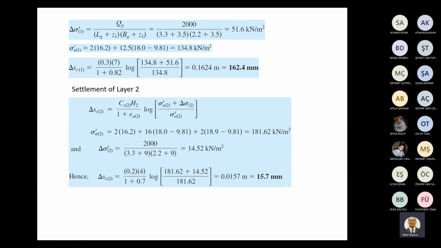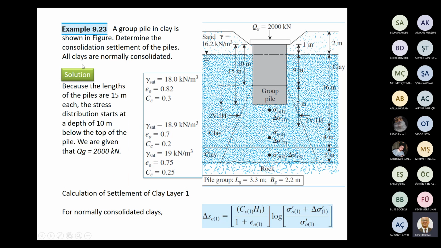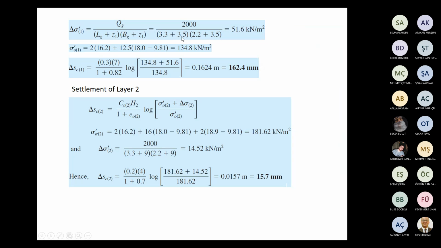Let us start to calculate layer by layer. Delta sigma 1 and effective stress for the first layer, I mean this point, are calculated as 51.6 kilopascal and 134.8 kilopascal respectively.